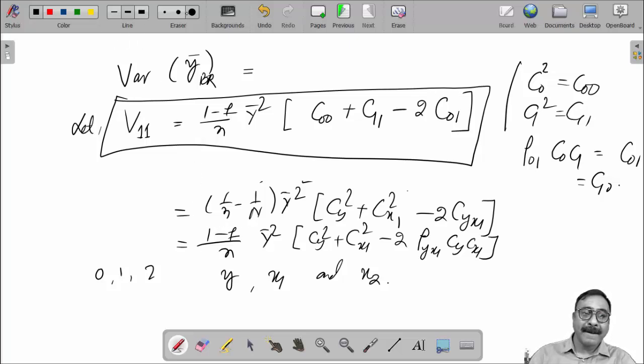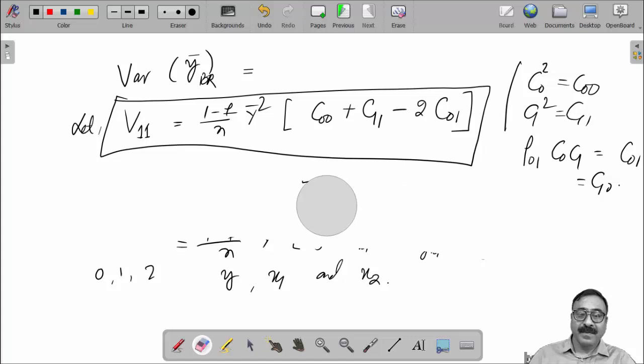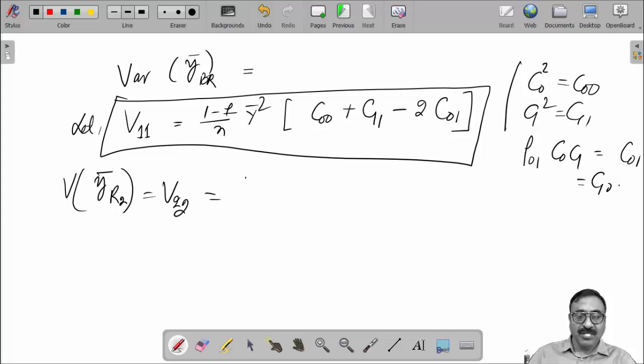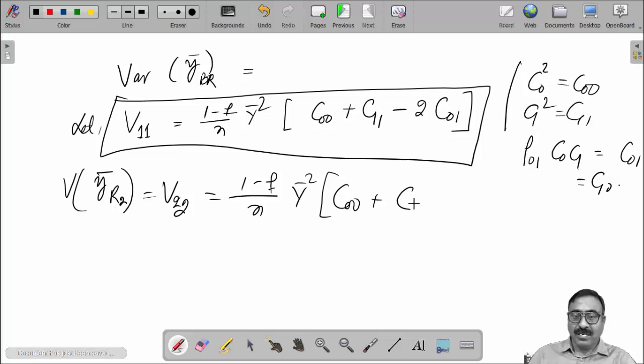Similarly, the variance of Y R2 bar, that is equal to V22, that will be equal to (1 minus f) by n, Y bar square (C00 plus C22 minus 2 C02).